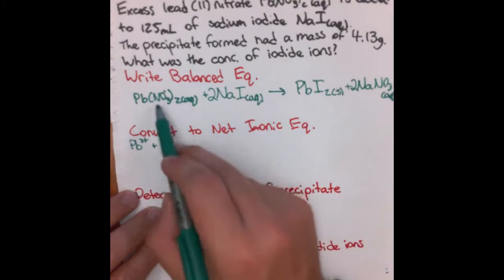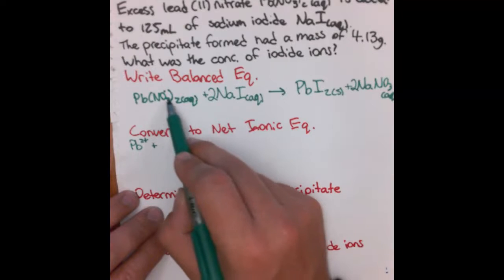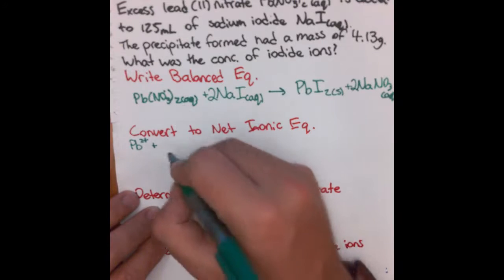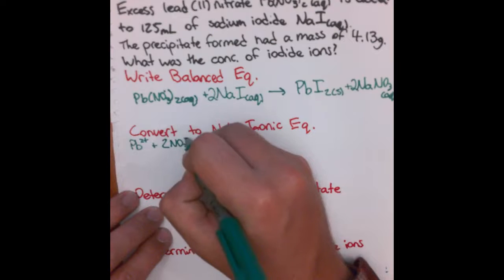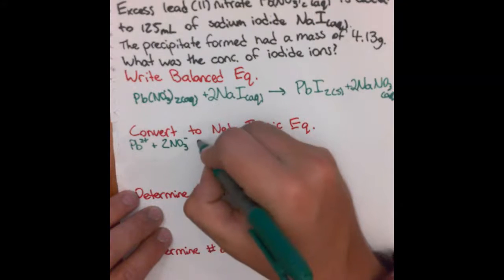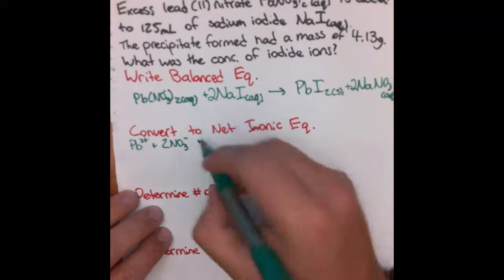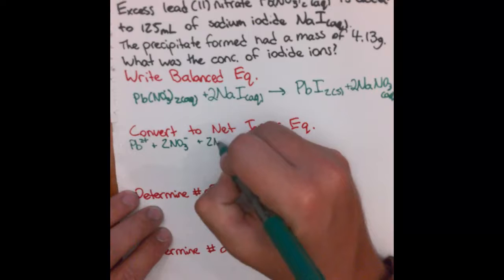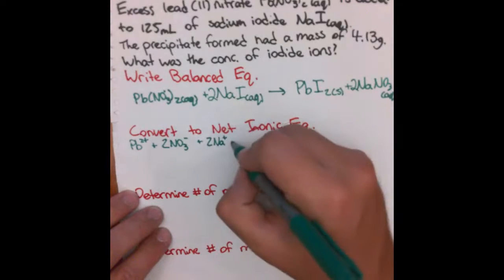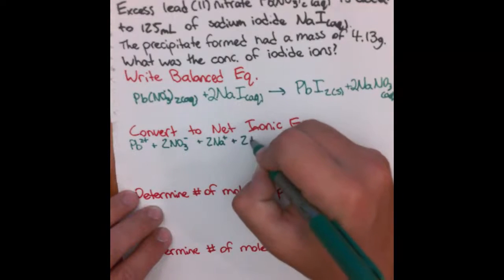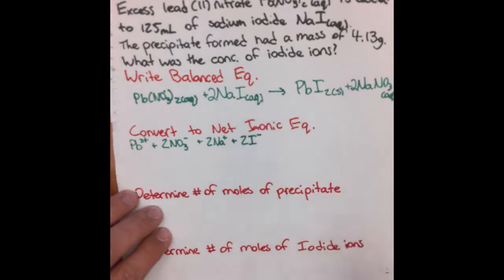And then we're going to have 2 NO3 minuses because we have this extra coefficient. Plus 2 sodium, Na plus, 2 iodine, and those are just going to be a 1 minus.